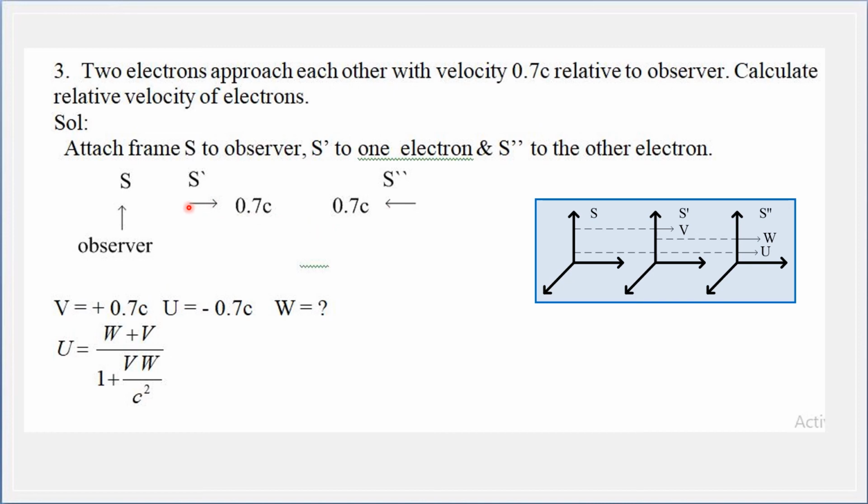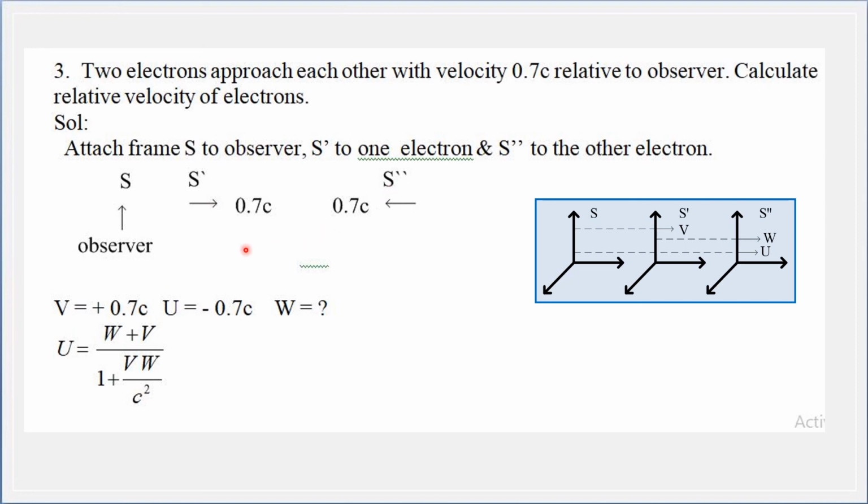We have shown the direction this way and this way. Where is the observer? The observer is here. So the observer sees that the two electrons are approaching towards each other. So first is the observer, then the first electron, second electron. Mark these as the first frame S, second frame S dash, third frame S double dash.